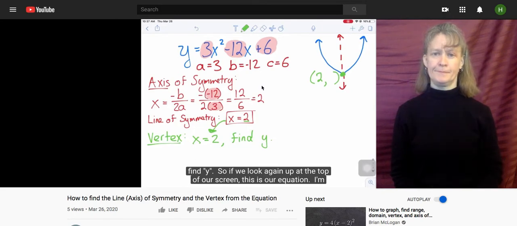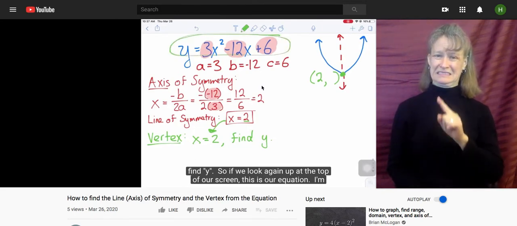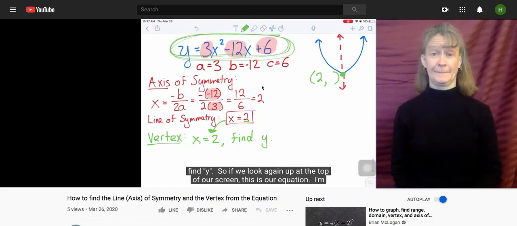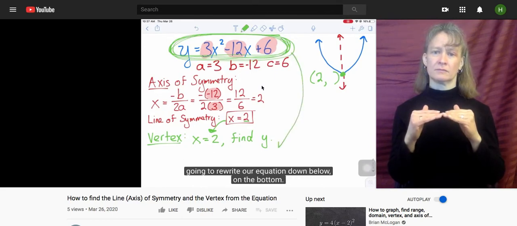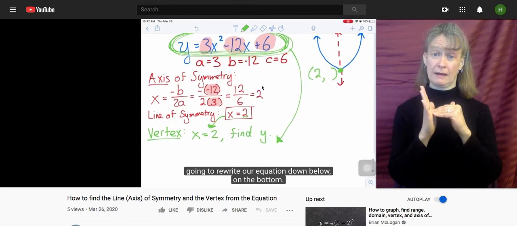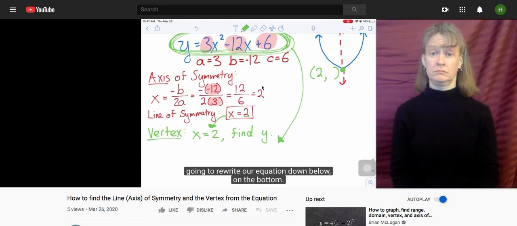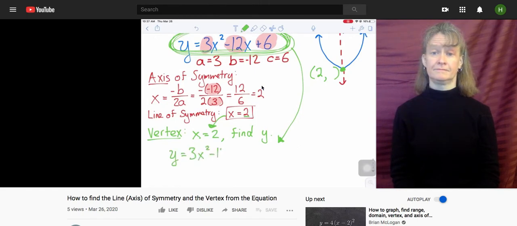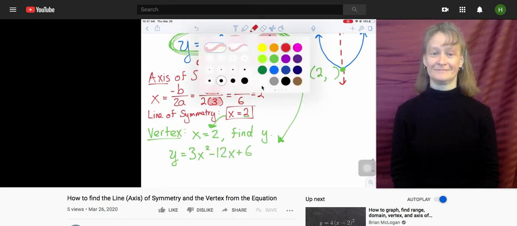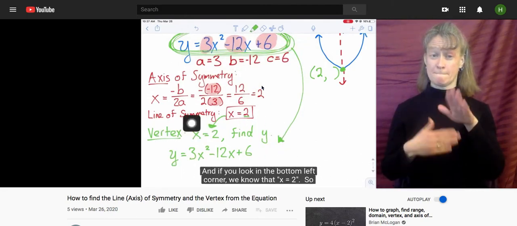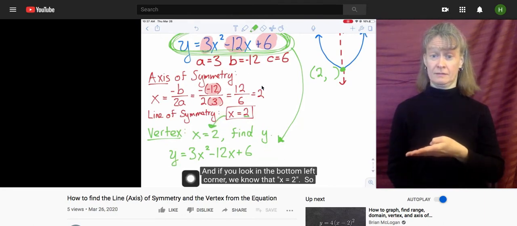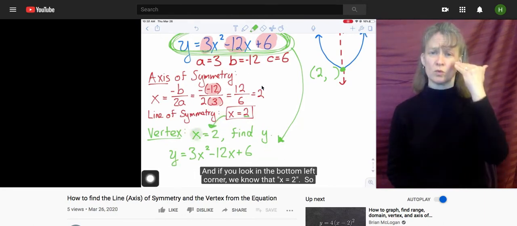So if we look again up at the top of our screen, this is our equation. I'm going to rewrite our equation down below on the bottom. And if you look in the bottom left corner, we know that x equals 2.